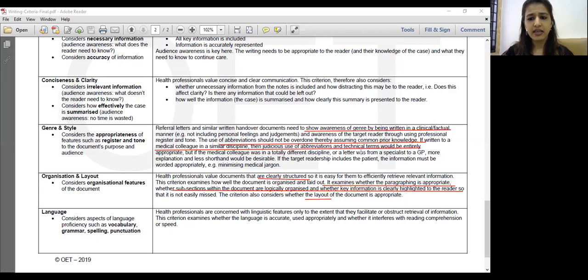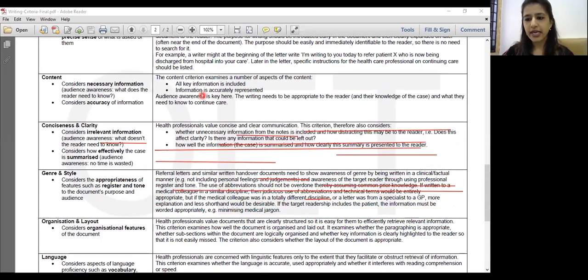But if you are writing as a specialist to a GP, then you should not use so many abbreviations which you think the GP would not be very familiar with, or may not be his day-to-day thing that he would come across. So keeping that in mind, you would have to make judicious use of abbreviations. And style looks at your ability to give appropriate register and tone. So using polite expressions, being non-judgmental, those are the things which are assessed in genre and style.